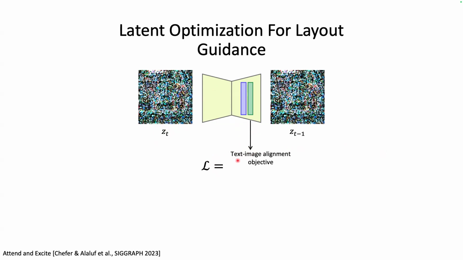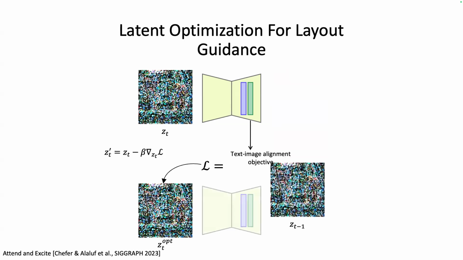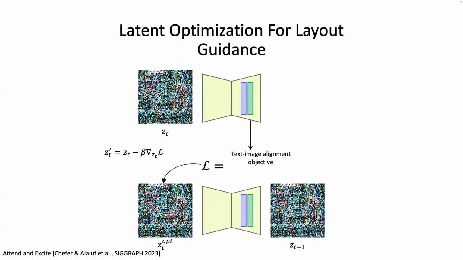The objective is about the alignment of the text and the image. We backprop through this loss. We compute the gradient with respect to ZT. We get a variation of this ZT, and only after we optimized it, we do the denoising step to get ZT minus 1.